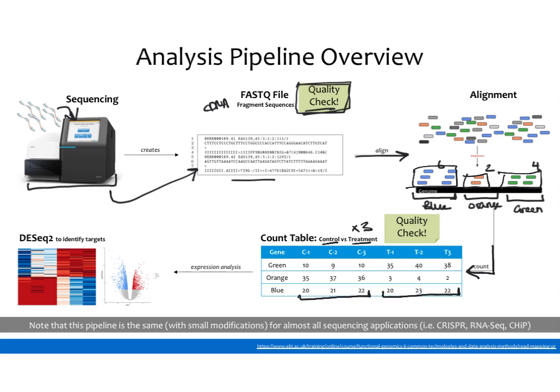So now we've generated a count table that says, for example, in your control sample for the first replicate, there were 10 copies of gene green that were seen in the sequencing file, and there were 37 copies seen in your second control sample for the orange gene. So this just summarizes all of the different gene counts that were seen, okay? Which is the same thing as saying that it summarizes the cDNA levels in every sample that you sent.